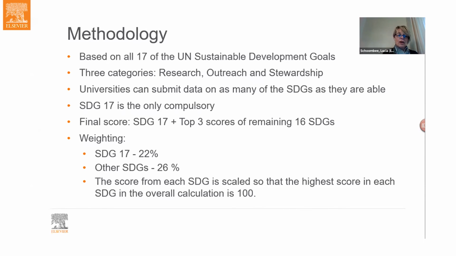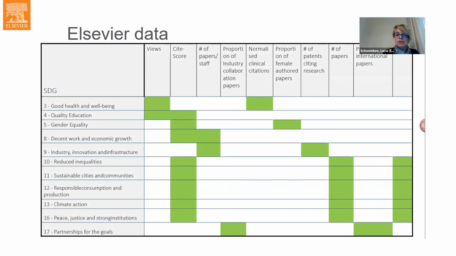Each of them is weighted as well. SDG 17 has a weighting of 22%, and the other SDGs each 26%. The score from each SDG is scaled so that the highest score will always amount to 100 within a specific SDG, like most of the rankings.